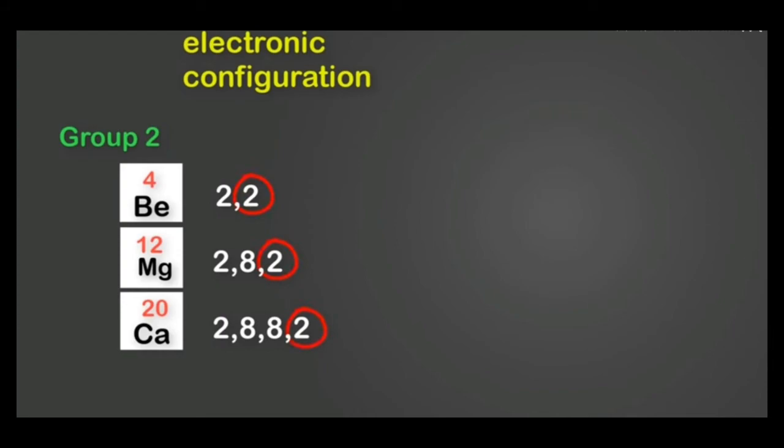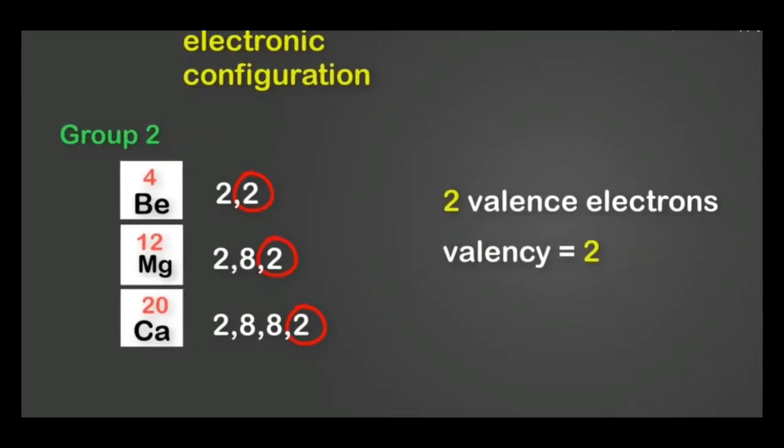All these elements have the same number of valence electrons. That is 2 valence electrons. They have the same valency too. Hence, they show similar chemical properties.